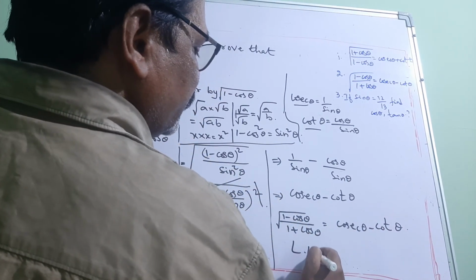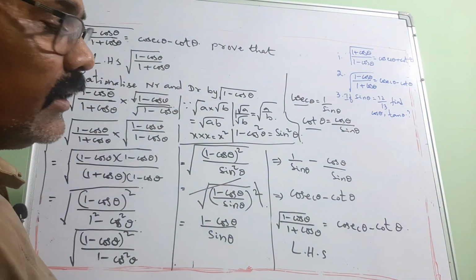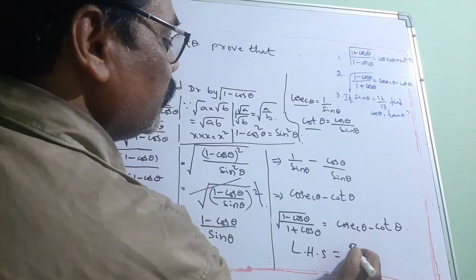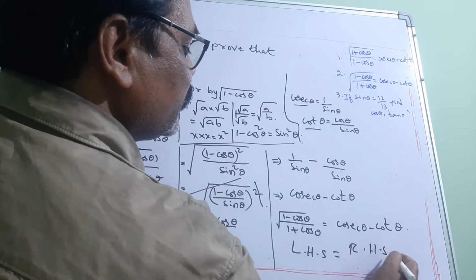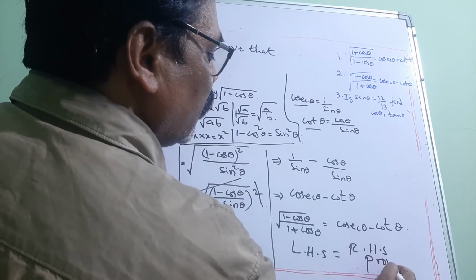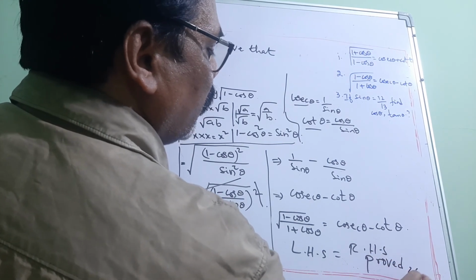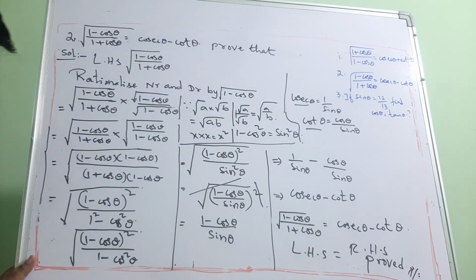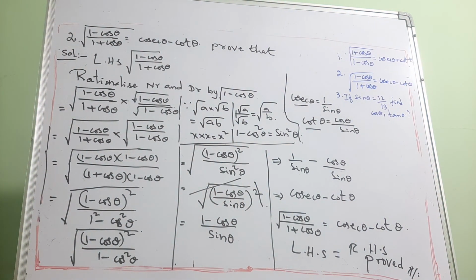LHS equals RHS, it is proved. Okay, I hope you understand. This is a very important concept for 2 marks and 1 mark. Please remember and follow it. Right? Thank you.